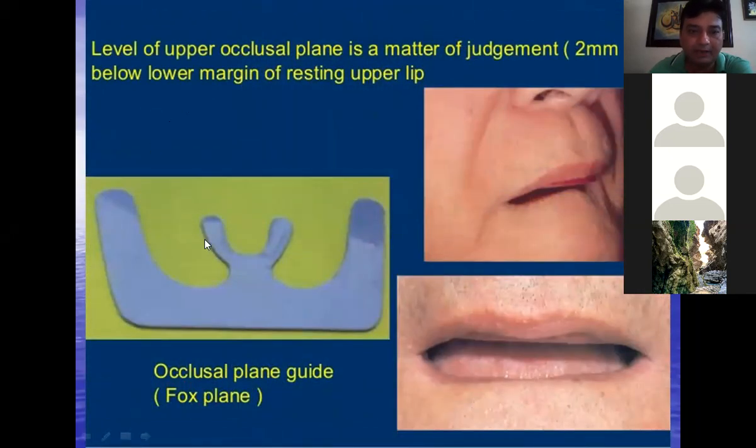This is your Fox plane. This area has to be placed over your rim, and this would come out of the patient's mouth. So in the anterior region from this area to your Fox's line, जिसको हमने ऊपर बताया था कि जो interpupillary line है, वहां तक का distance left side पर भी देखेंगे और right side पर भी देखेंगे.